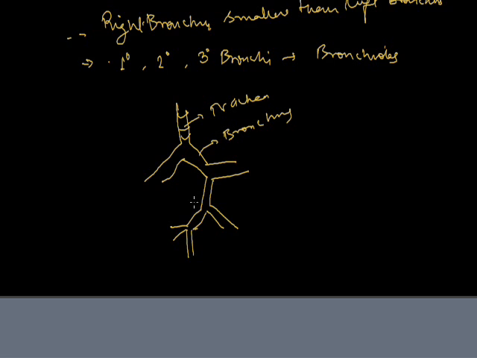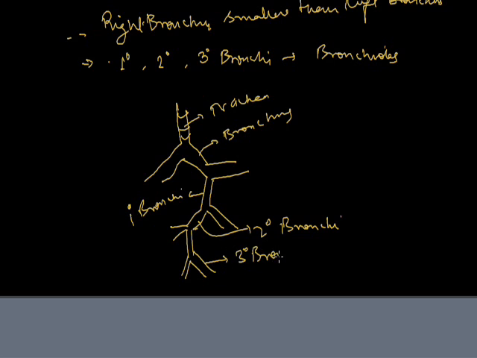This bronchus is again dividing into the next part, the primary bronchi. Then this one is the secondary bronchi, and further you can divide it into the tertiary bronchi, and then further it will divide into the bronchioles.